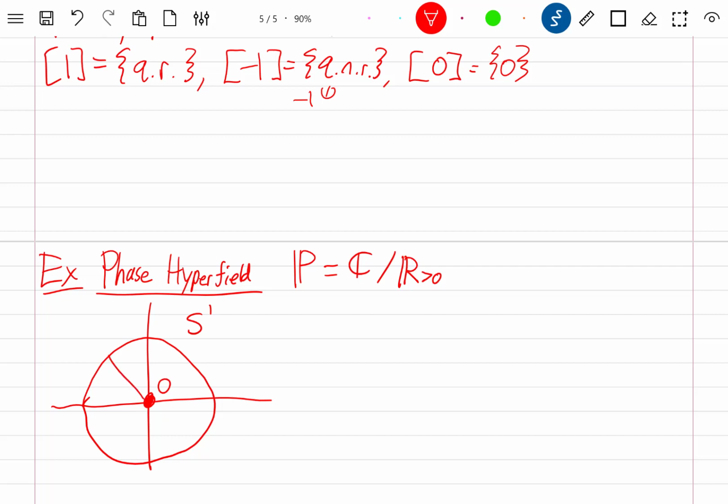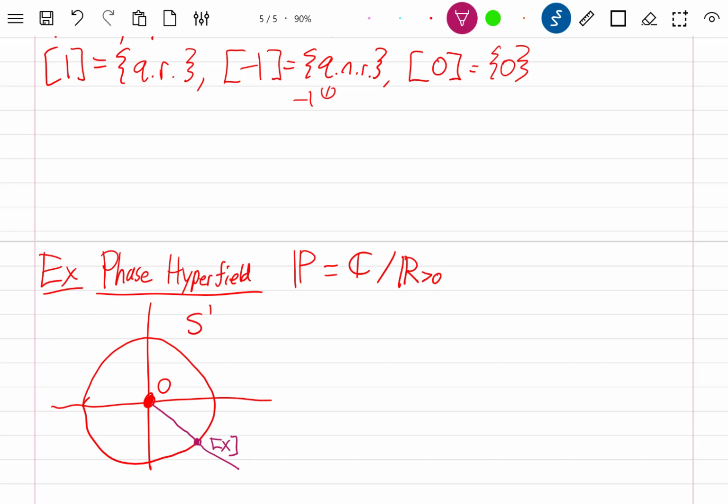For example, this angle here, its equivalence class is everything on this ray. So this is like the equivalence class of x.